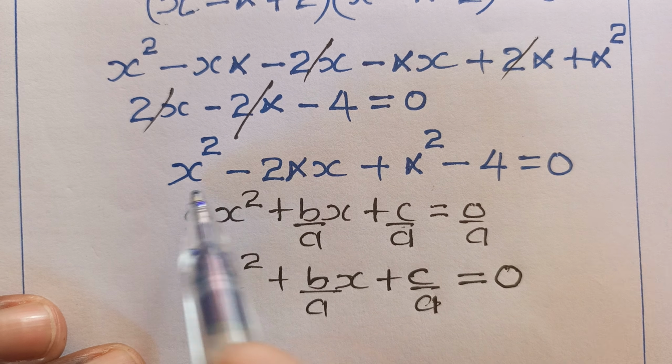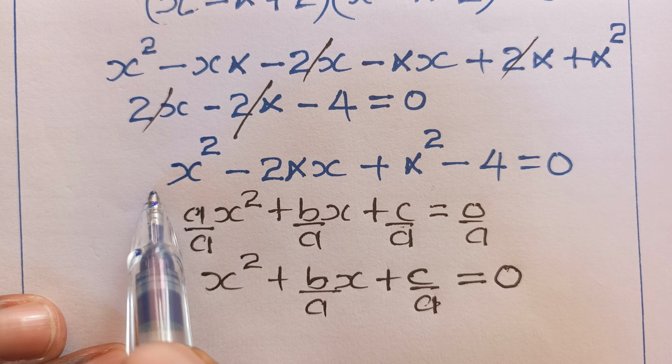Guys, now we can equate this equation and this equation. So we come to the coefficients. This is 1, this is 1. Here we have a coefficient which is negative 2 alpha. That is the coefficient of x, which should be equal to b over a.